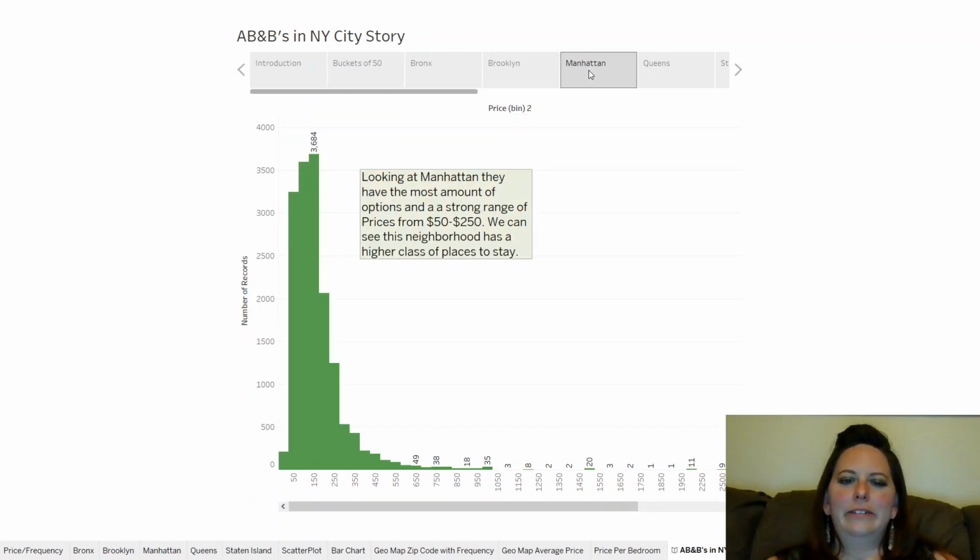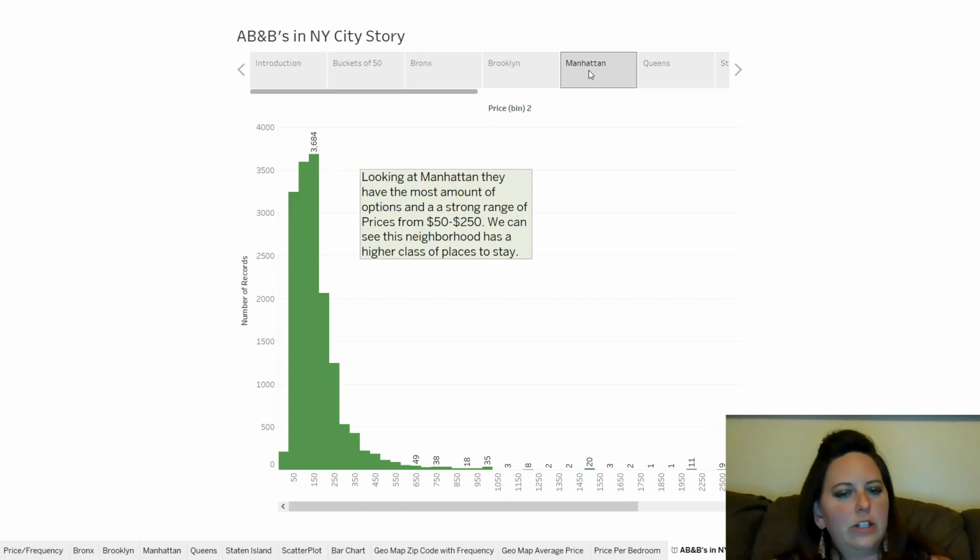Moving on to Manhattan. They also have a large amount, not as much as Brooklyn, but way more than the Bronx. They have more opportunity in the $150 price range, but we're going to stick with the $50 to $100 price range.